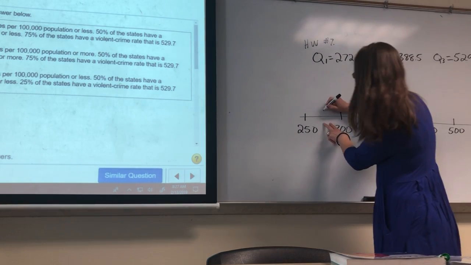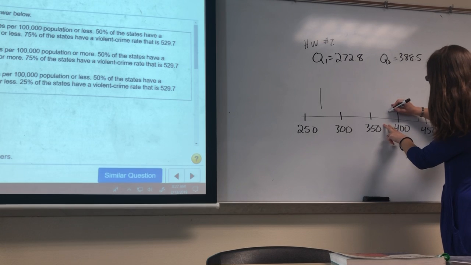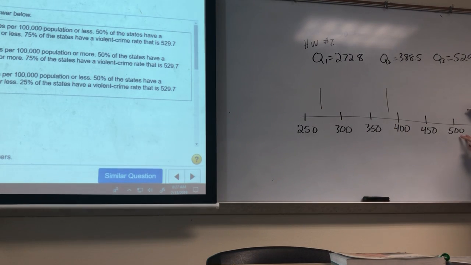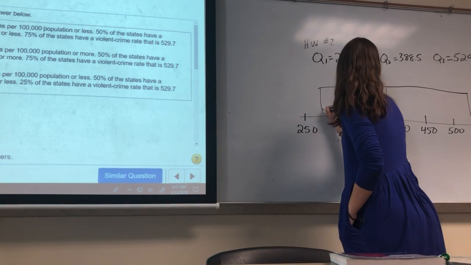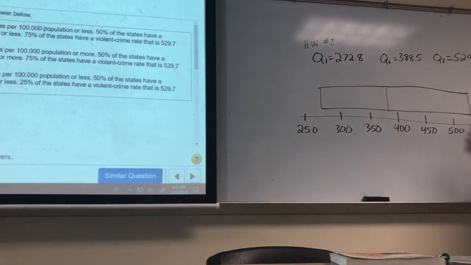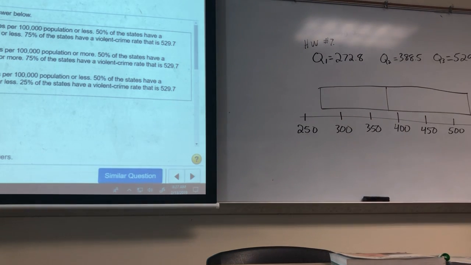So 272 maybe is right here. 388 would be maybe about right here, and 529 would be maybe about right there. So I guess mine's kind of zoomed in a lot more than it needs to be.